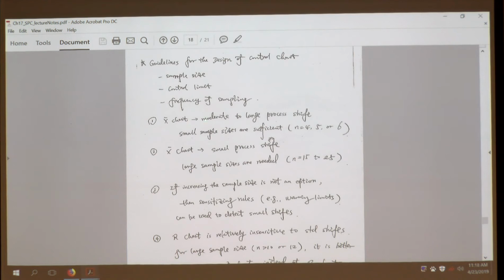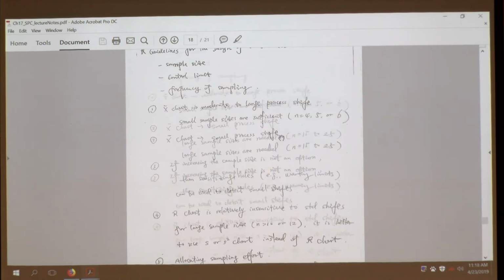So for the X bar chart, for a moderate to large process shift, we use a small sample size. If you have a moderate to large process shift, n equal to 4, 5, or 6 may be okay. But if you have a very small process shift you want to detect, then you need a large sample size. Usually by a large sample size we mean 15 to 25.